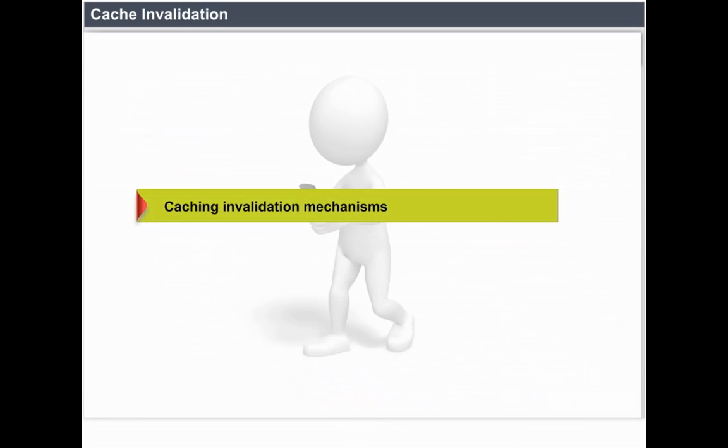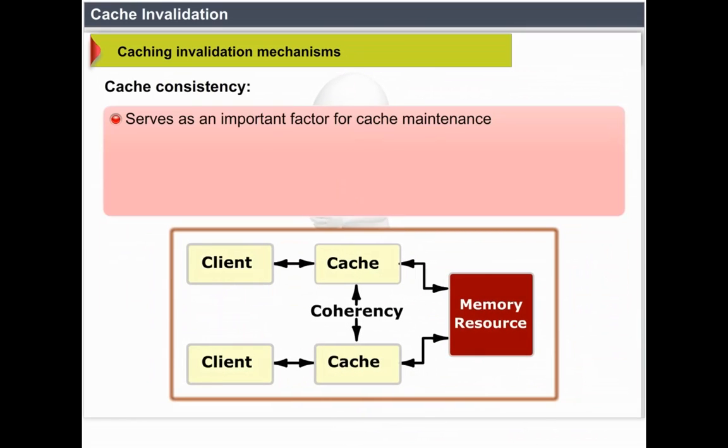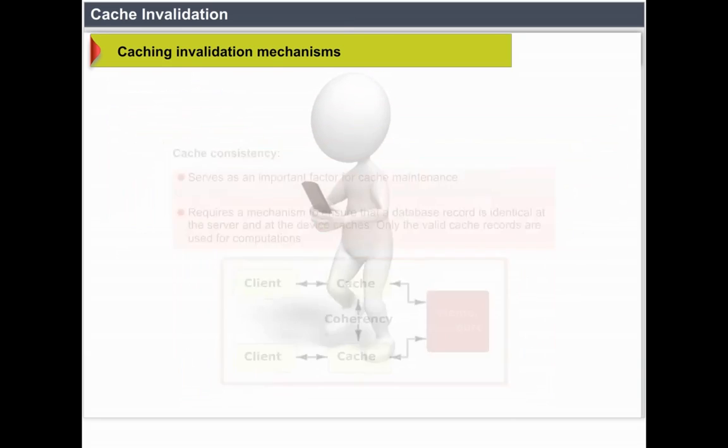Cache consistency, also called cache coherence, is an important factor for cache maintenance. It requires a mechanism to ensure that a database record is identical at the server as well as at the device caches and that only valid cache records are used for computations.